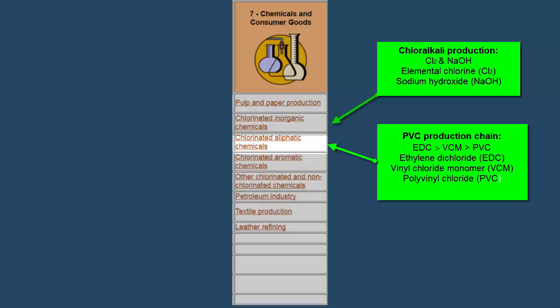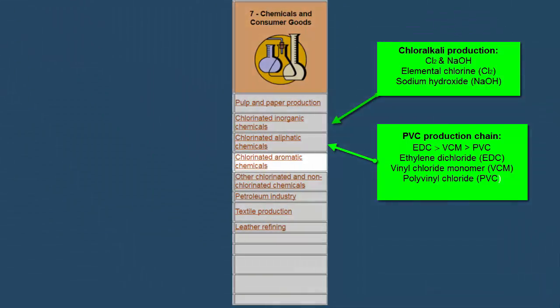It is the production chain for polyvinyl chloride, which begins with the production of ethylene dichloride that is reacted to form vinyl chloride monomer that is then polymerized to produce polyvinyl chloride.